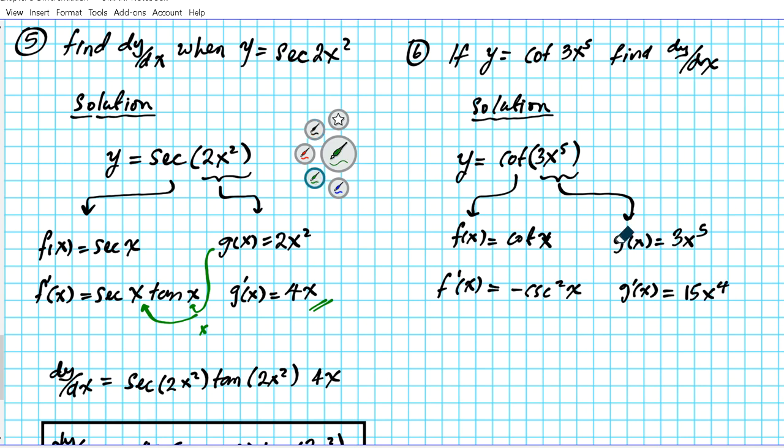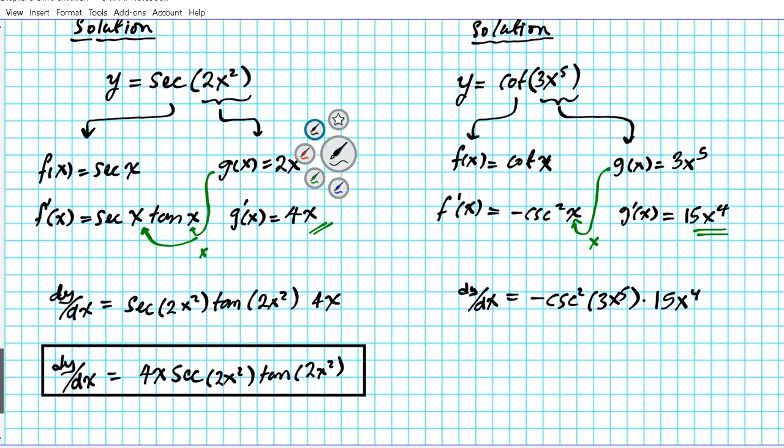So we plug the inner into the derivative of the outer, times the derivative of the inner. So dy dx is going to be negative cosecant square x, and in place of x we plug in the inner function, times the derivative of the inner.